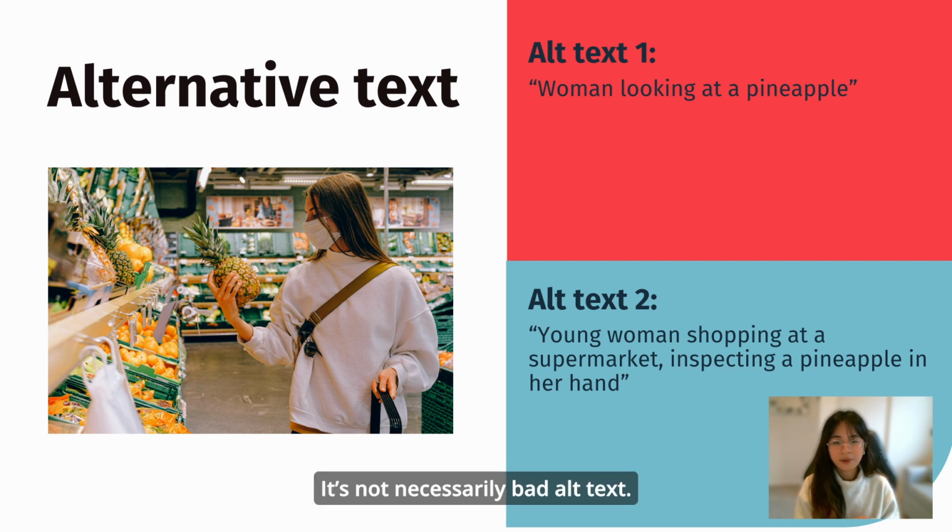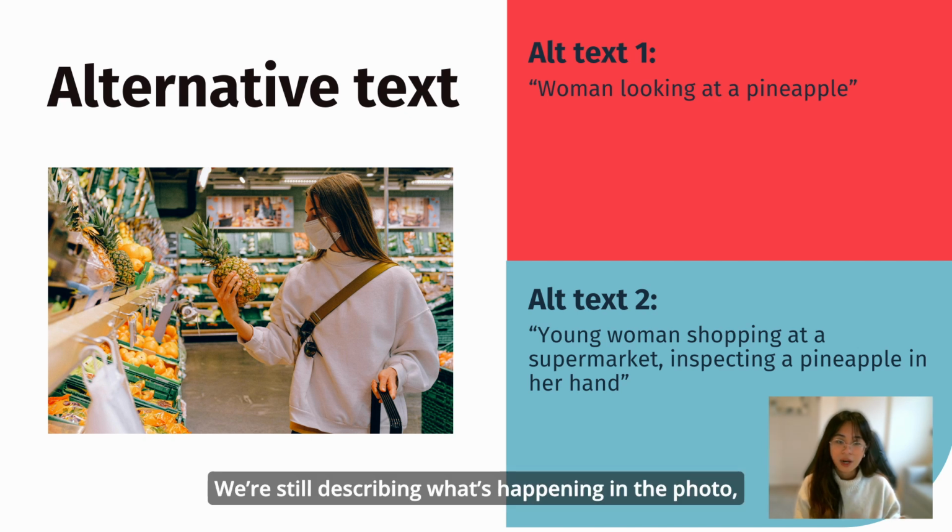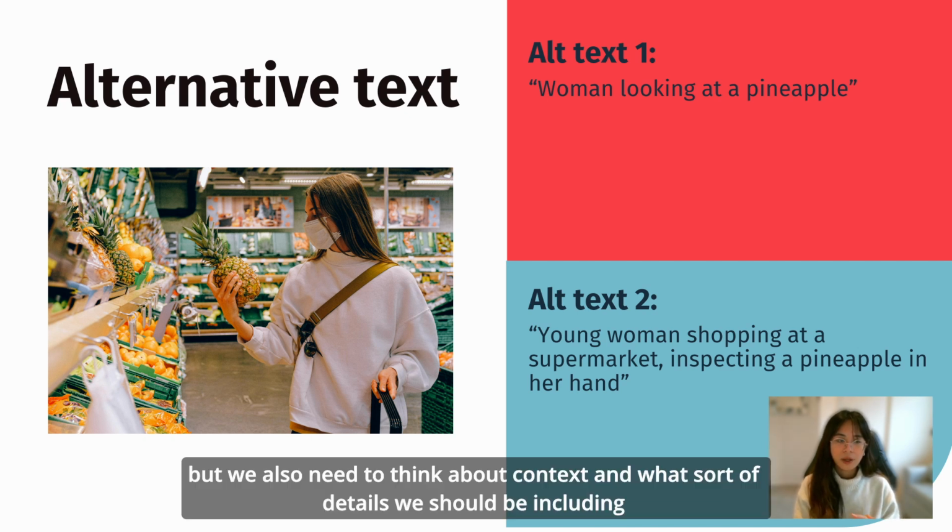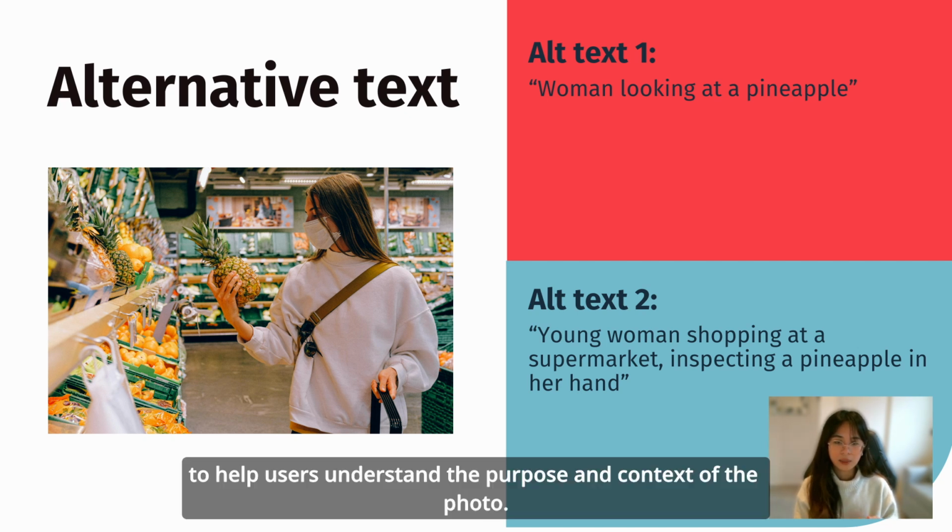Like, it's not necessarily bad alt text. We're still describing what's happening in the photo, but we also need to think about context and what sort of details we should be including to help users understand the purpose and context of the photo.